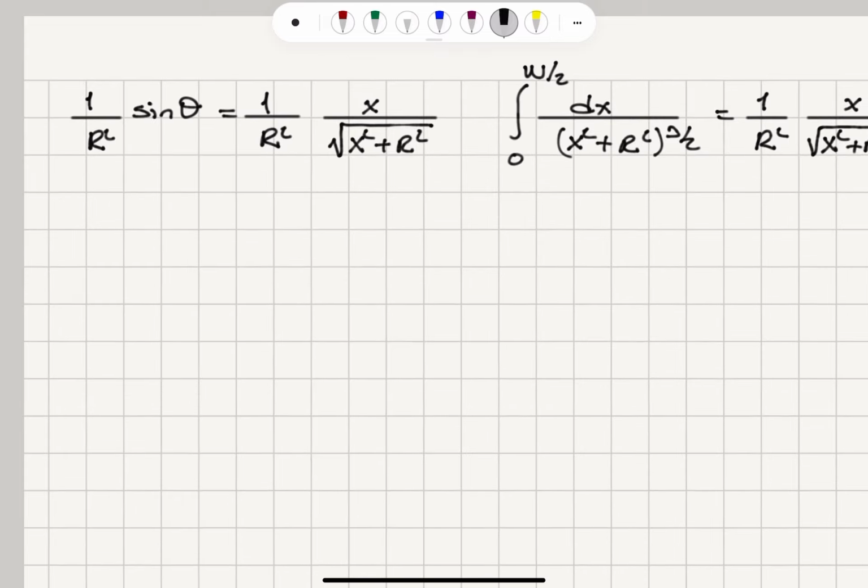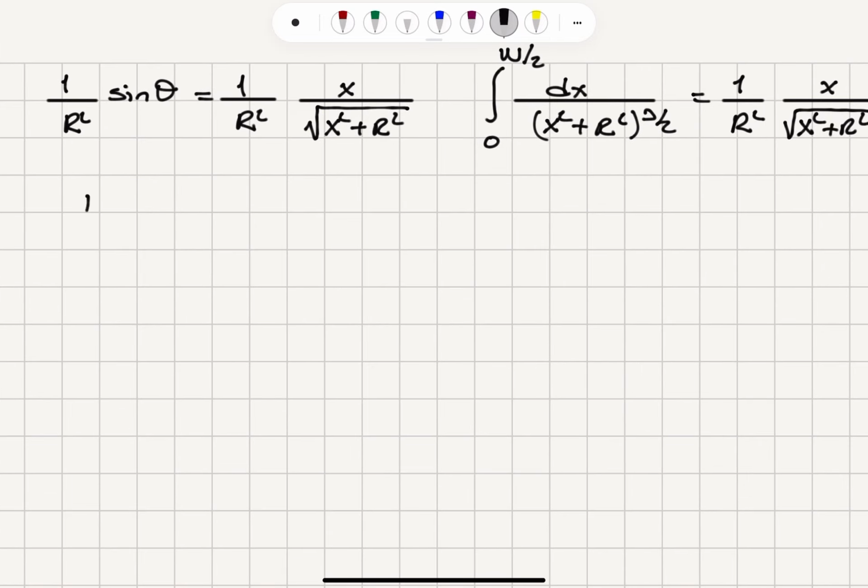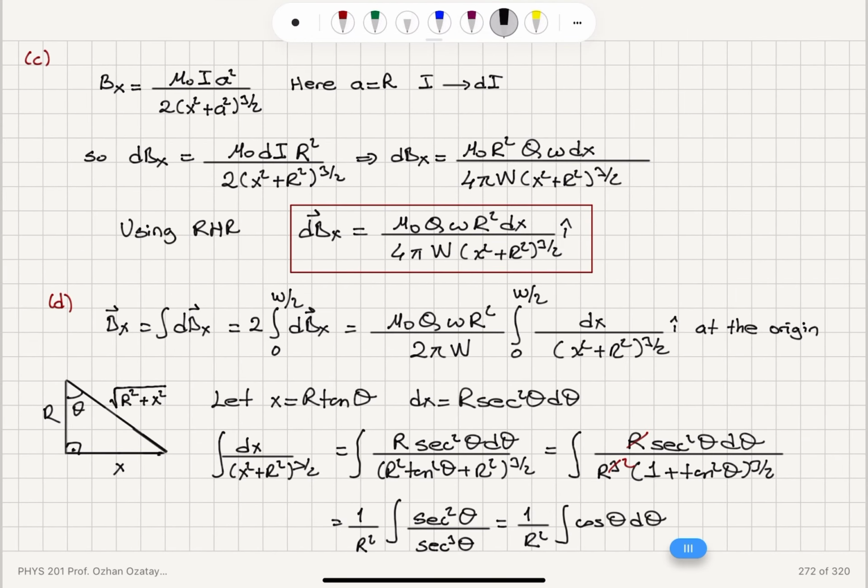I'm now ready to write the magnetic field. Bx is mu 0 q omega divided by 2 pi w. So this is where I started, here, mu 0 q omega over 2 pi w.